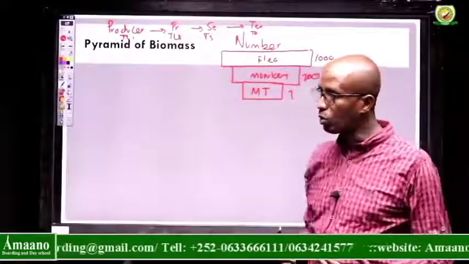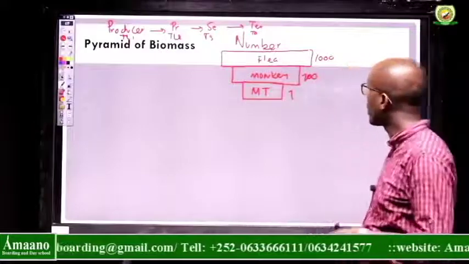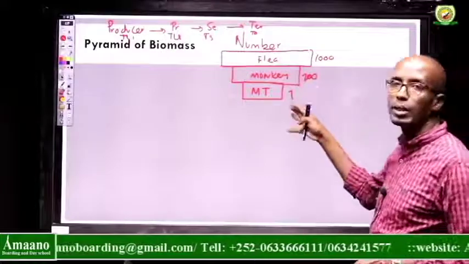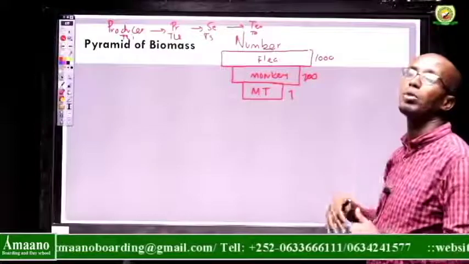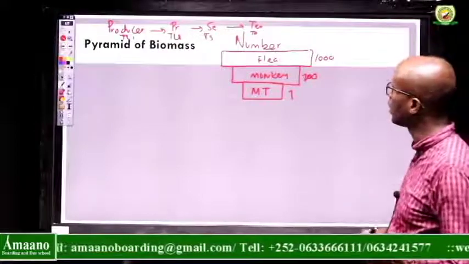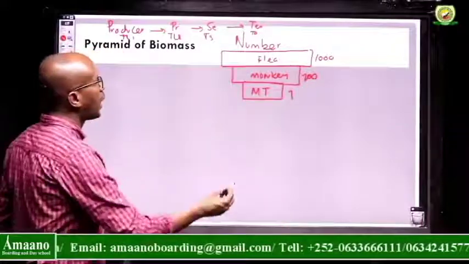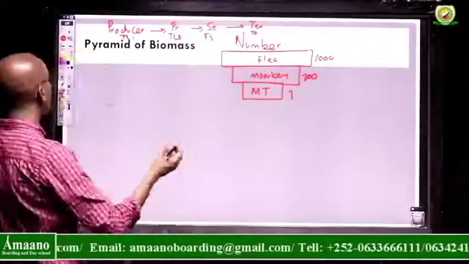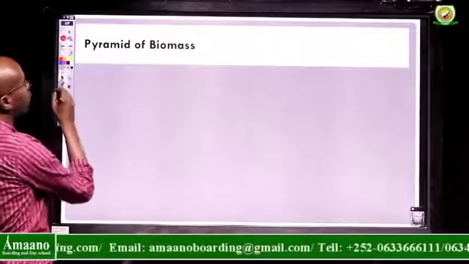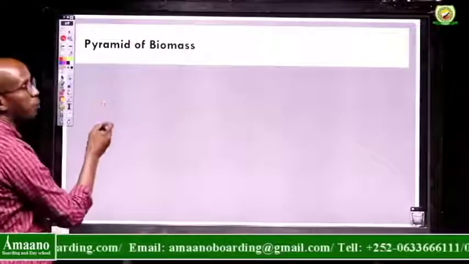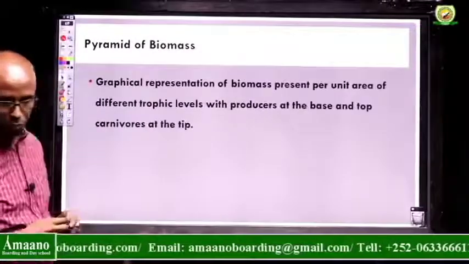That's why sometimes we get an inverted pyramid of food chain. When this happens, to correct the problem, we can use a pyramid of biomass.